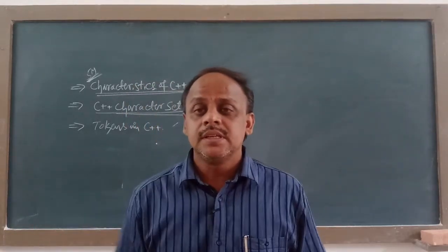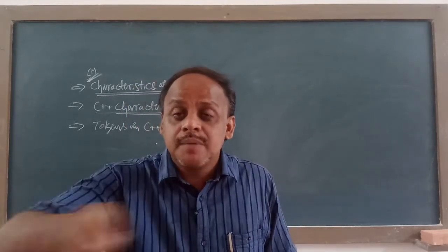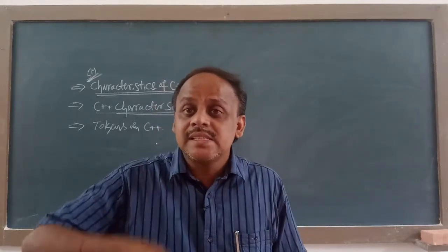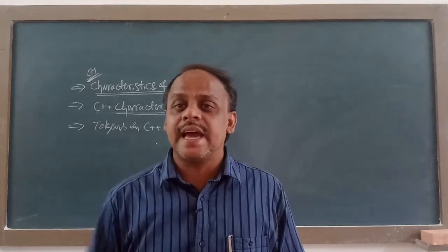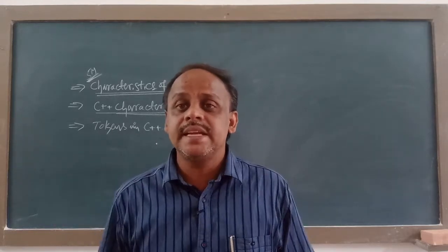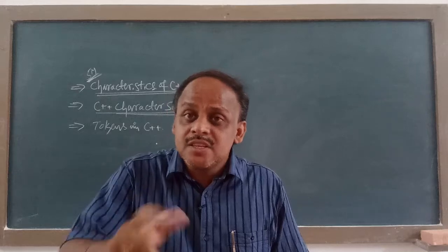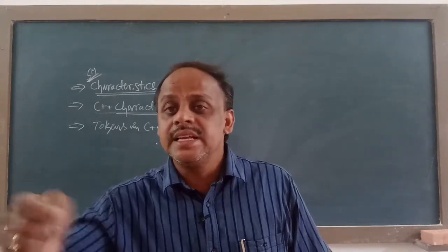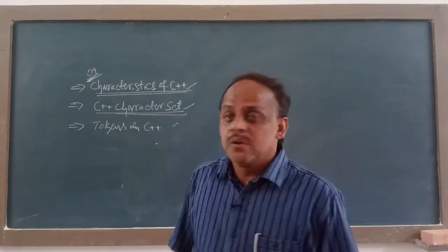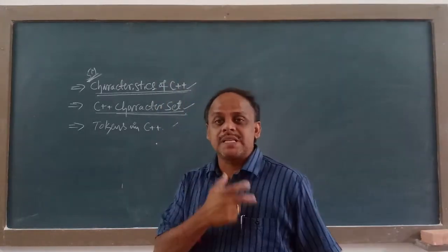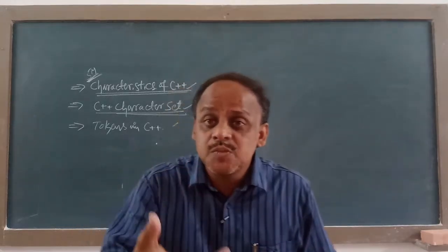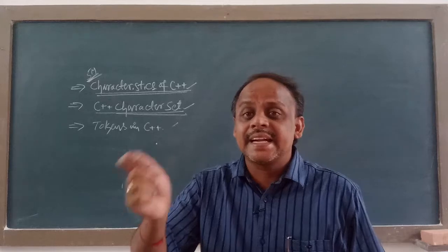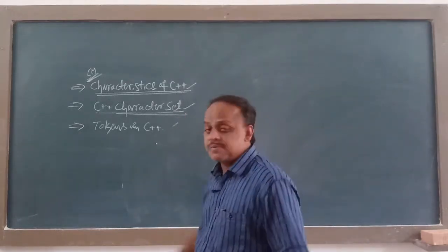For example, to learn the English language, we consider 26 characters, 26 alphabets, A to Z. These 26 are the alphabets of the English language. In such a way, now we are going to learn C++.